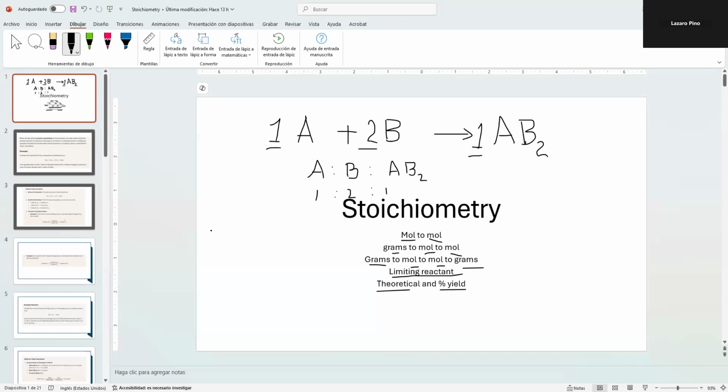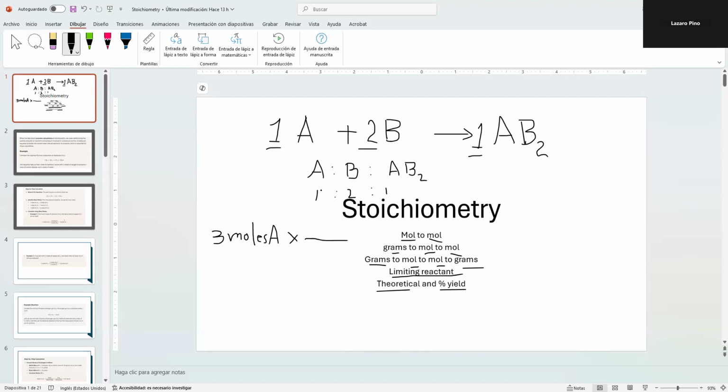Well, let me tell you. For example, if we have 3 moles of A, and I want to know how many moles of AB2 I can produce, I can use the ratios.